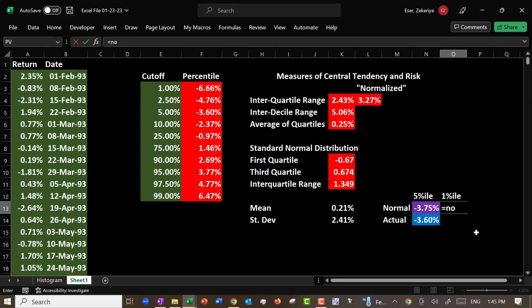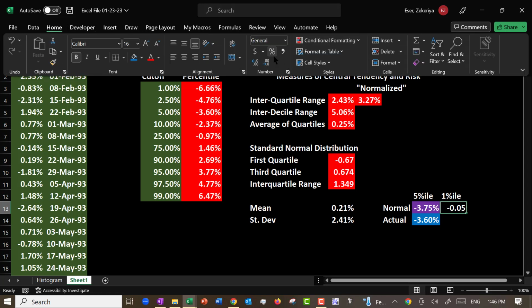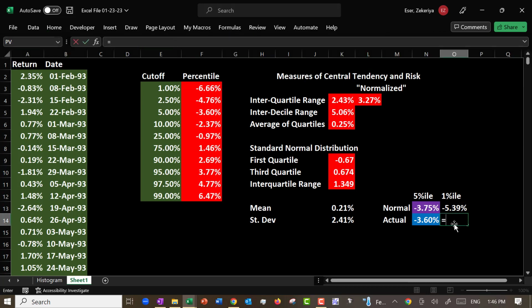NORM.INV. 0.01. That's the mean. That's the standard deviation. And the actual first percentile is, let's copy the format.